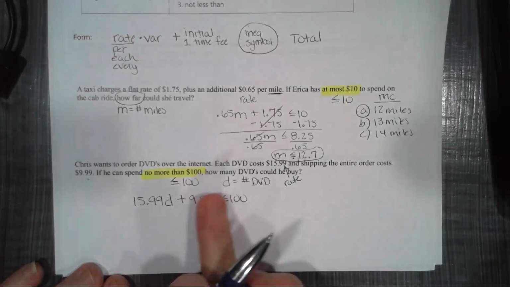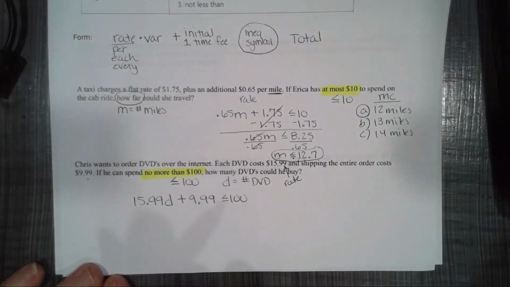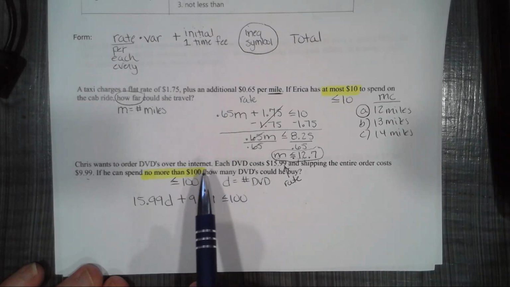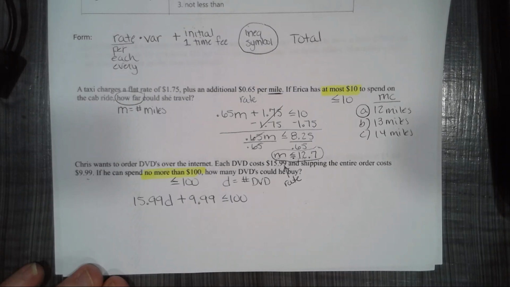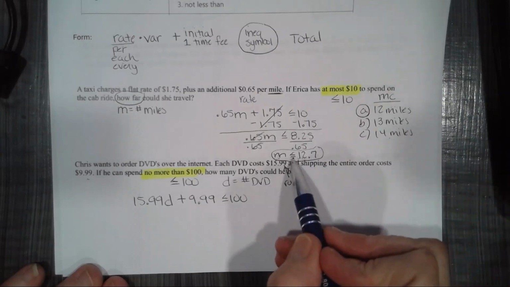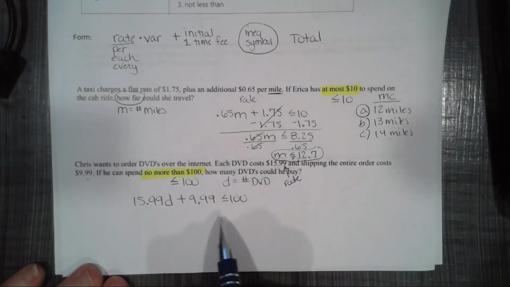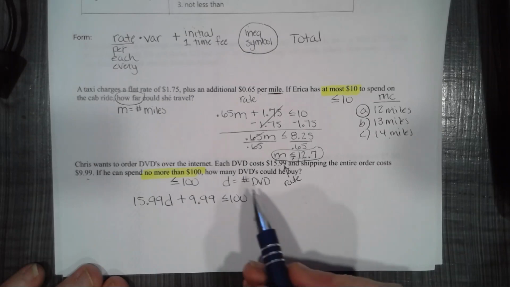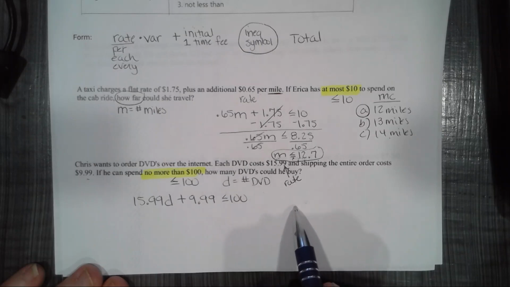So now you're going to subtract $9.99, divide by $15.99, and see if you can answer how many DVDs. Remember, decimals really don't represent DVDs. You can have 1, 2, you can have 7, 8, 9, but make sure you pick the appropriate one based on what the inequality symbol means. So let's solve that and find out how many DVDs he can buy.